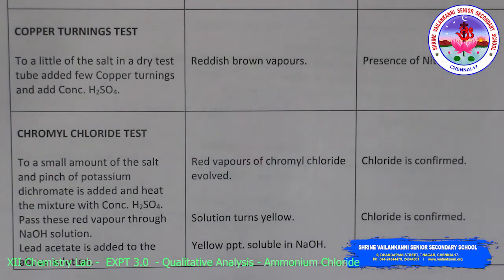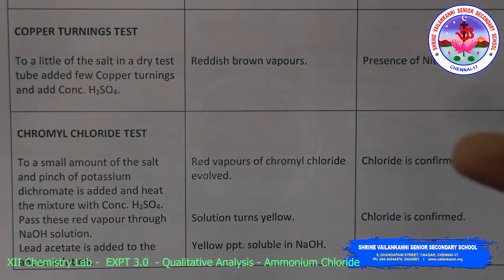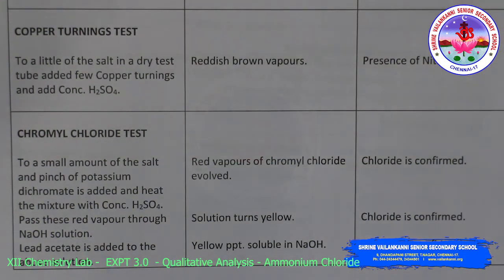Pass the red vapors of chromyl chloride through sodium hydroxide solution, and the solution turns yellow, so it indicates chloride is confirmed. If lead acetate is added to the above solution, a yellow precipitate soluble in sodium hydroxide also confirms chloride.